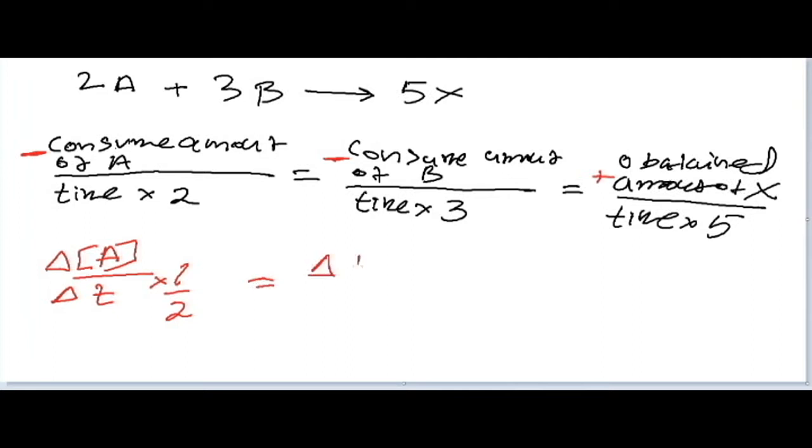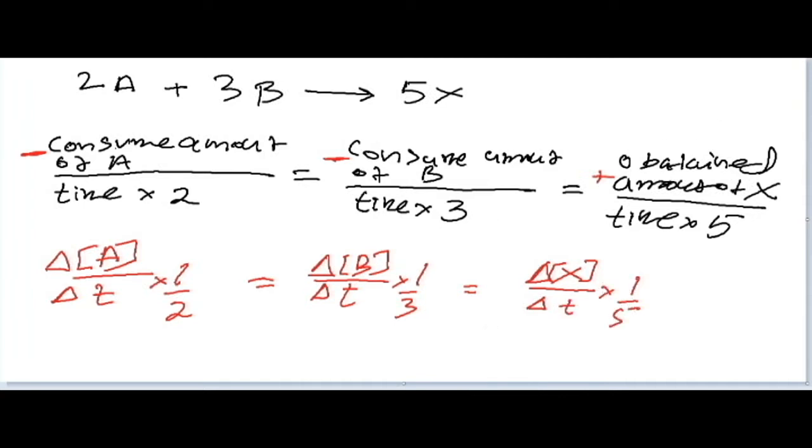And here also delta B concentration divided by delta T time difference into 1/3, and here delta X concentration divided by delta T into 1/5, with the stoichiometric coefficient in this relationship. The meaning of this: consumed, here also consumed, and here it should be positive. So this is the relationship for the consumed and the obtained, or the rate of reaction.